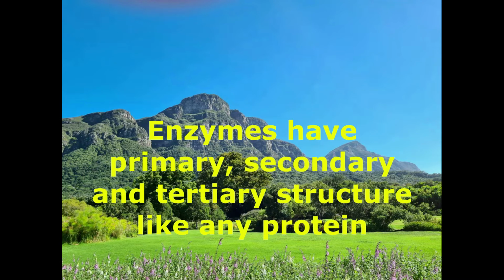An enzyme, like any protein, has a primary structure, a secondary structure and also a tertiary structure, because it is a protein. When it shows a tertiary structure, it folds and criss-crosses itself and produces many crevices, or many small pockets.